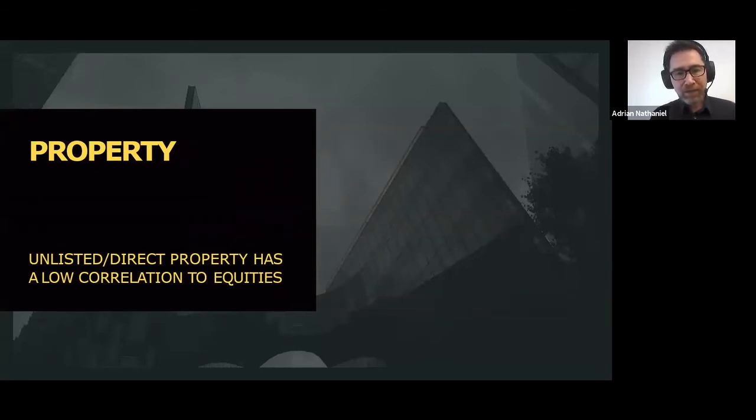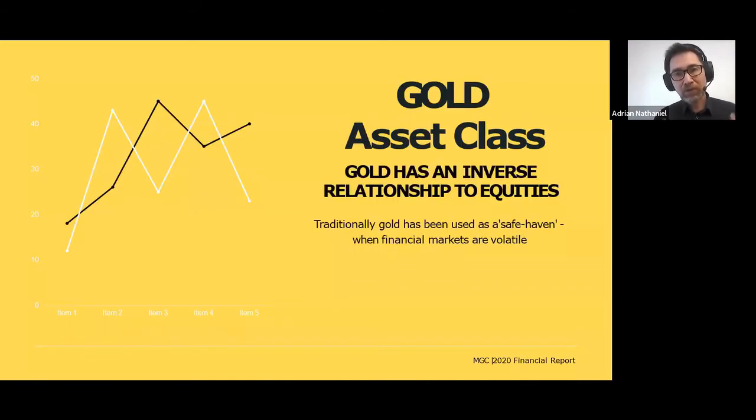The other area to look at is gold. Now, gold is an interesting asset class because it has an inverse relationship to equities or shares. For this reason, it's traditionally been used as a safe haven when financial markets are volatile.